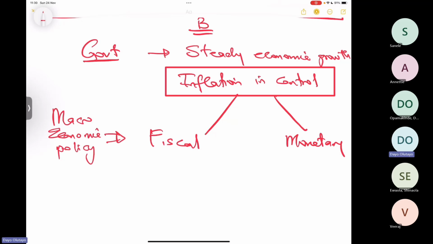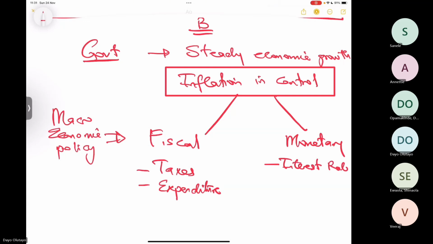When they are using fiscal policy, they are using taxes and government expenditure to manage inflation. When they are using monetary policy, they are using interest rates and FX currency rates to manage the inflation.